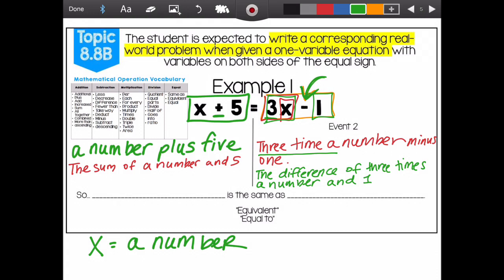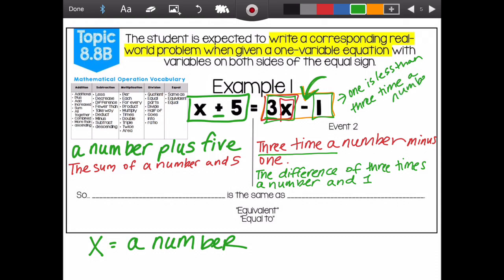Okay, we could have also said, let's see, 1 is less than. Now if we want to use the less than, then we need to put the constant first. So we could have said 1 is less than 3 times a number.